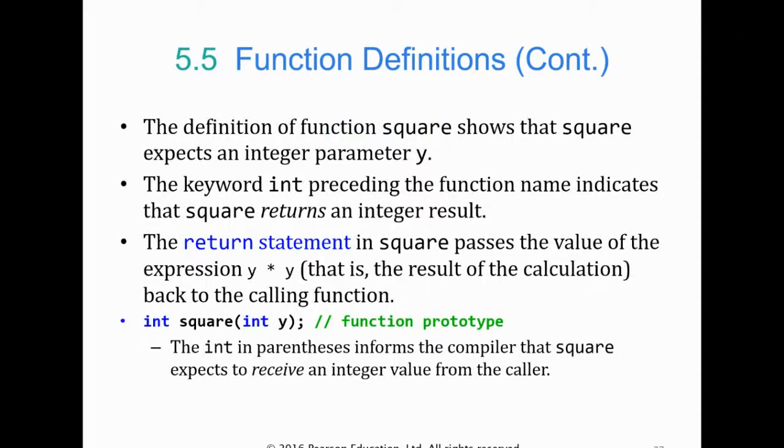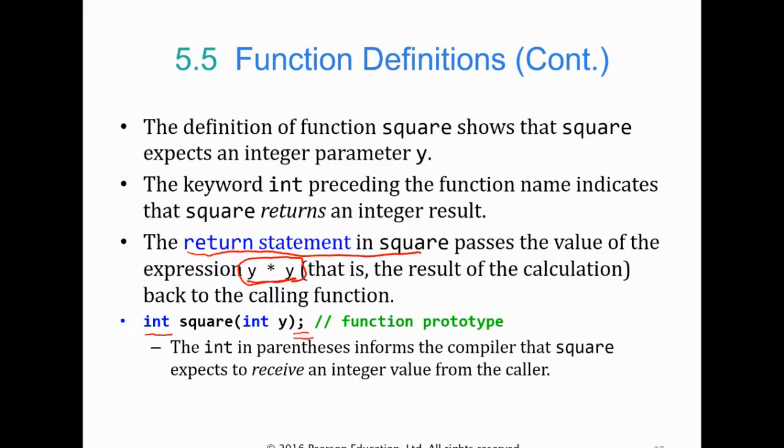With the definition of the function, another important thing is that the return statement just returns the square value of this expression, which is just the square of what is passed to the function. And I've already talked about the prototype.